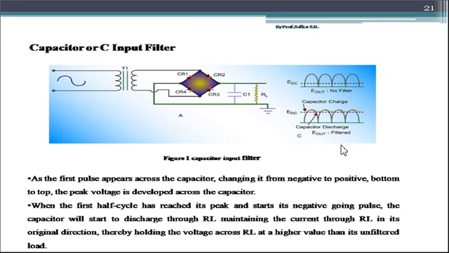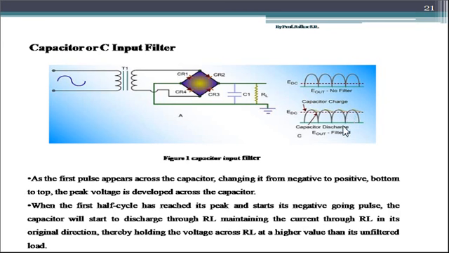But when we have connected the filter, the value of EDC has risen, that is, the DC signal is now from this value to this dotted line, and only these upper peaks are now AC at the output of the filter. Without the filter we had this much portion AC, but with the filter only this peak portion is AC, and the rest is transferred to the DC signal.